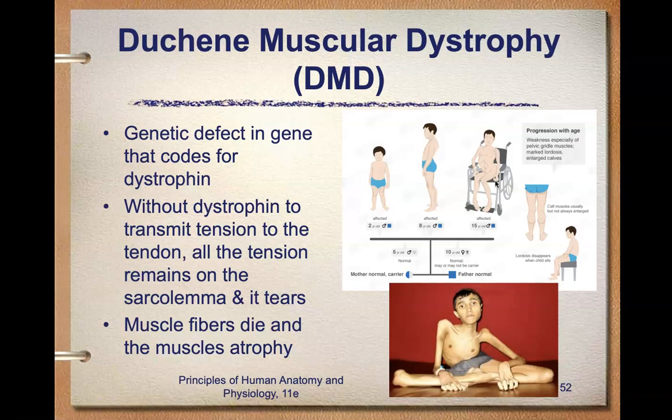There are different forms of muscular dystrophy, but this is Duchenne's muscular dystrophy, or DMD. It's progressive with age, and unfortunately there really aren't a lot of great treatments for it as of yet. This is because they show the genetic link here for Duchenne's muscular dystrophy.